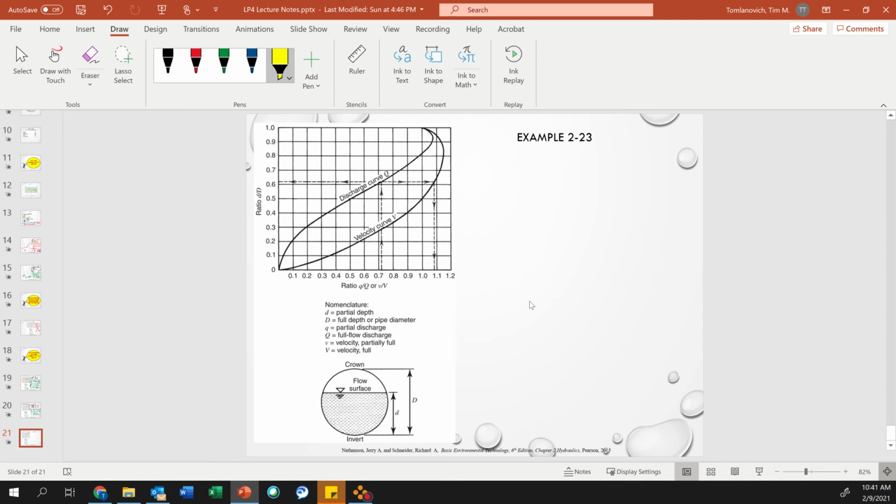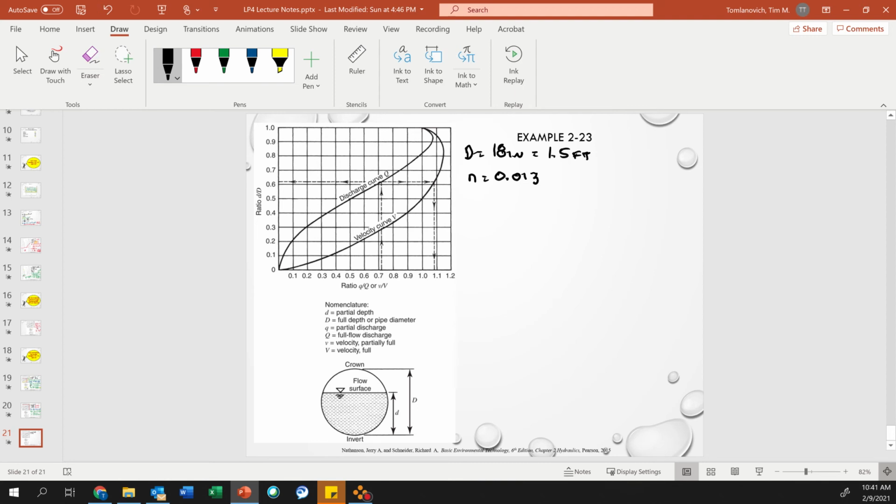Okay, an 18-inch diameter sewer line. All right, so D equals 18 inches, which equals 1.5 feet, with a Manning's roughness coefficient of 0.013. Now this is concrete, obviously you can use this for any other surface.